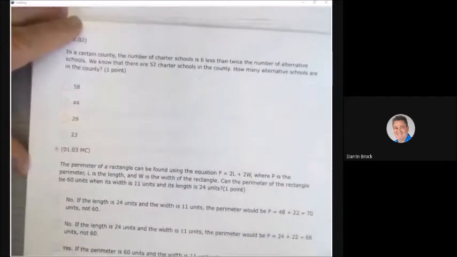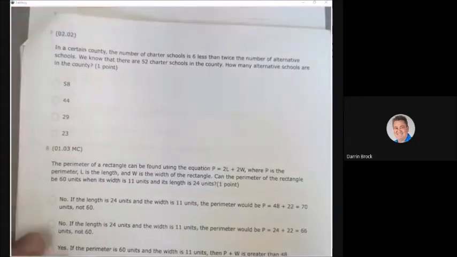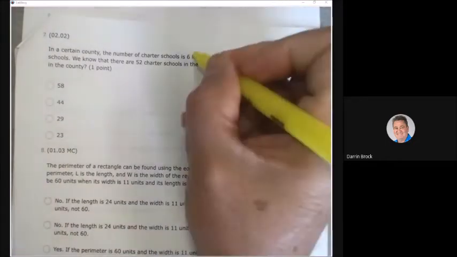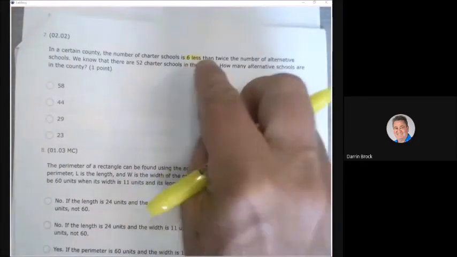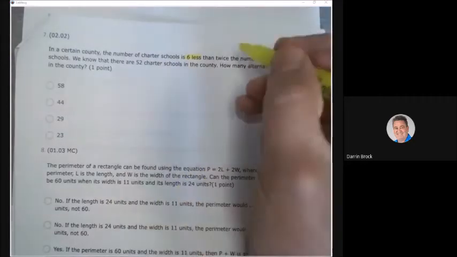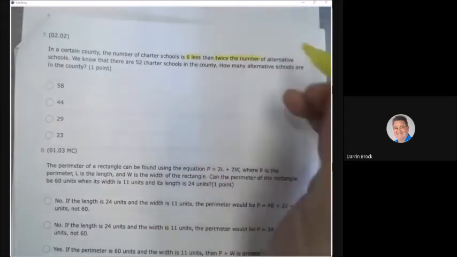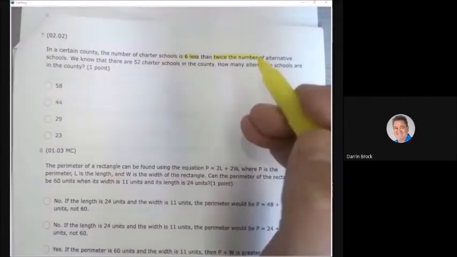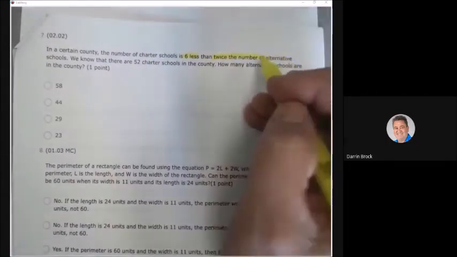Okay, in a certain county, the number of charter schools is 6 less. Okay, let's get the information. 6 less, that tells us subtract, then twice the number. Twice the number of, that means we're multiplying by 2 of alternative schools. So charter schools is equal to 2 times the number of alternative schools minus 6.